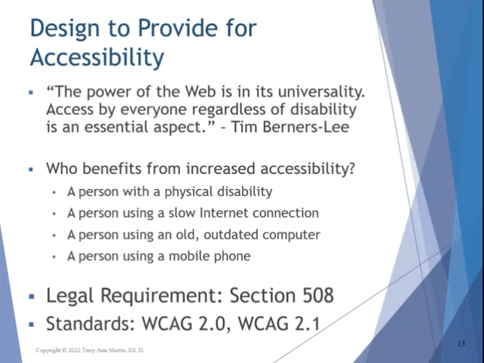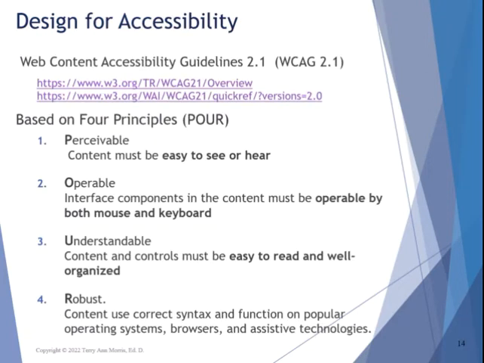These are people with physical disabilities, people using a slow internet connection, or using an old, outdated computer. And finally, these are the people using mobile phones. The accessibility legal requirements are found in Section 508 of the WCAG 2.0 and WCAG 2.1 standards.